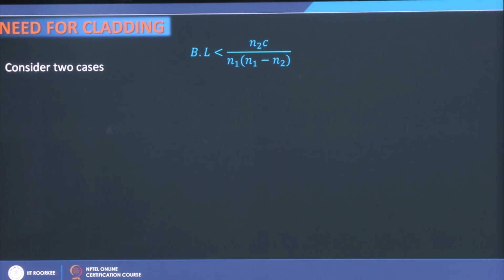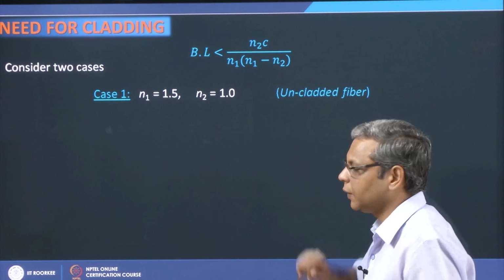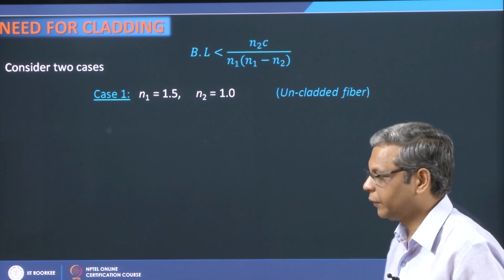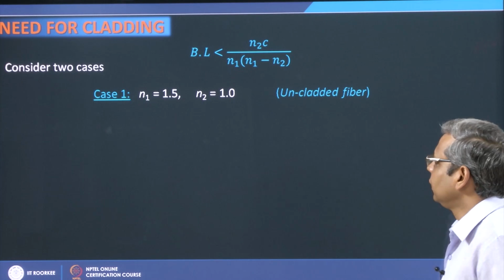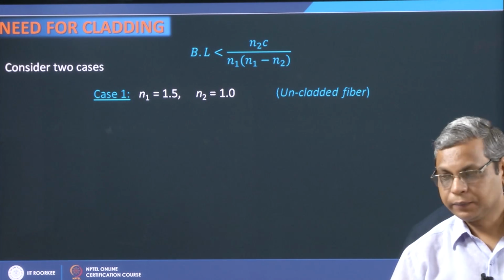What is the implication of this? Let us consider two cases. Case 1 is that of an uncladded fiber, where I have a core of glass of refractive index 1.5 and air works as the cladding. So, N2 is equal to 1.